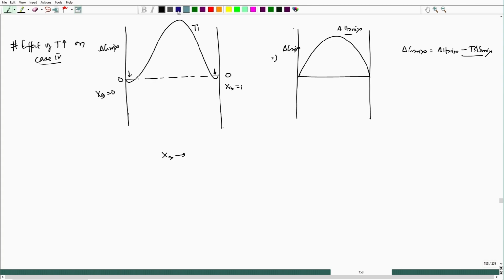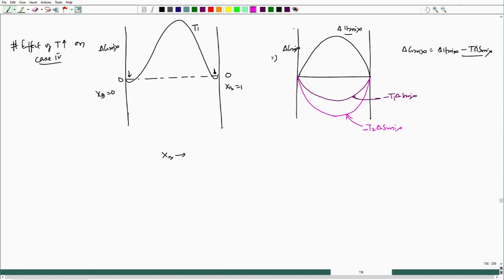So, if I draw two cases, one is this, minus T del S mix for T 1 let us say, and if I increase the temperature, delta H mix position will not change, but this position will change. So, this position would be, let us say this. So, this is minus T 2 del S mix.